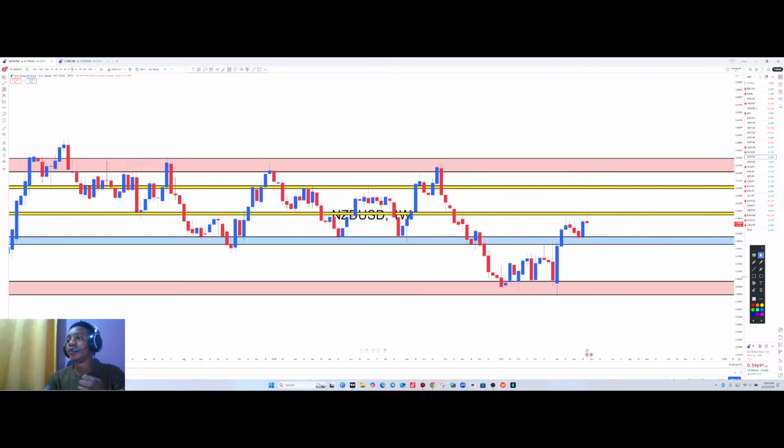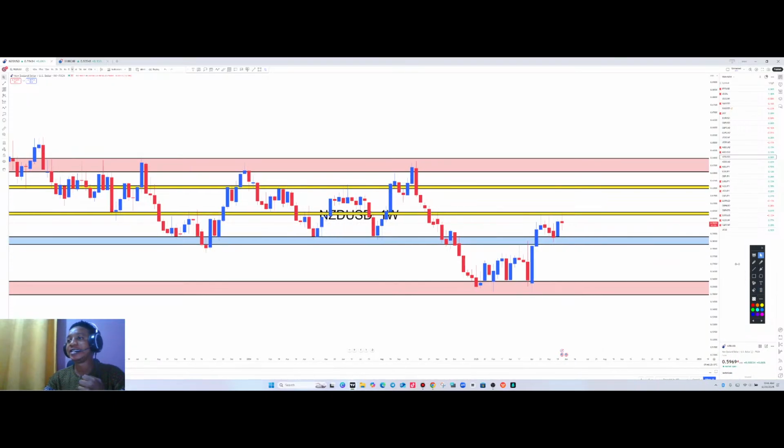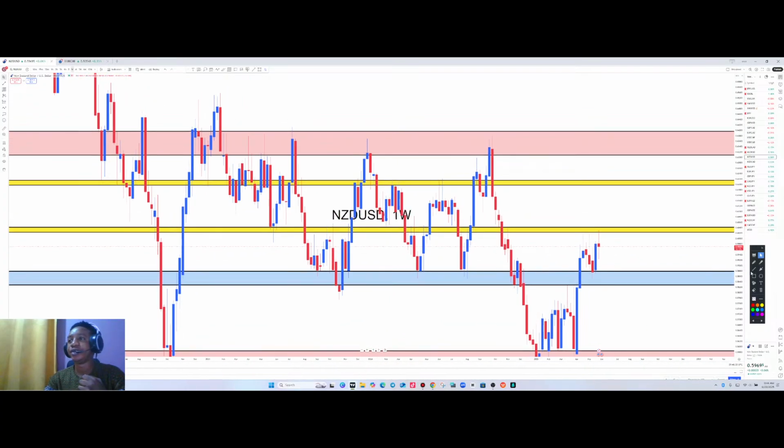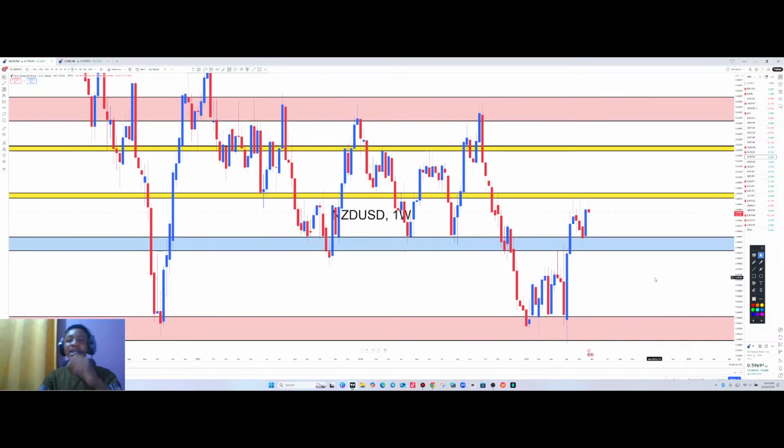Okay, so this is the weekly time frame of NZD-USD. On the weekly time frame, we have the weekly upper and the weekly lower. Let's explain. On the weekly time, what else do we see? On the weekly, we can see an uptrend. Where is the uptrend? Over here, price broke above this high and has given us a new high on top here.